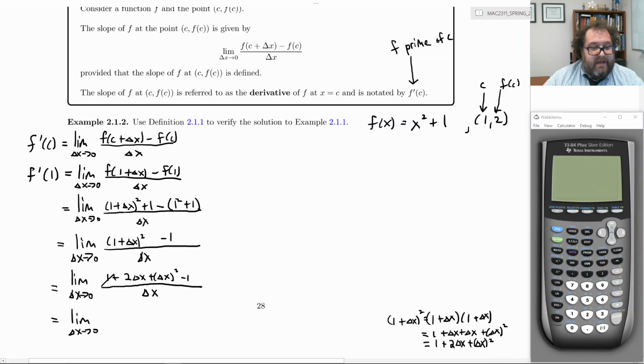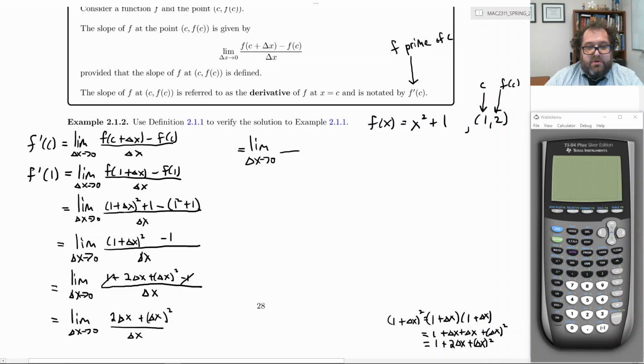Notice, add 1 and negative 1, you get 0. So we get 2 delta x plus delta x squared over delta x. Okay, we're getting close. Equals the limit as delta x goes to 0.